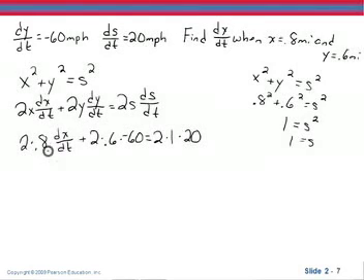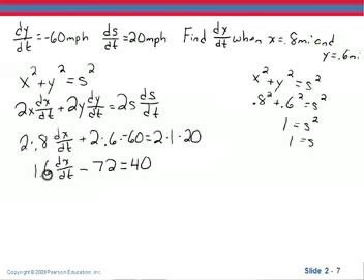We have 2 times 0.8 is 1.6 dx/dt, plus, or this is actually going to be minus 2 times 0.6 times negative 60 is going to be minus 72. And then 2 times 1 times 20 is going to be 40.